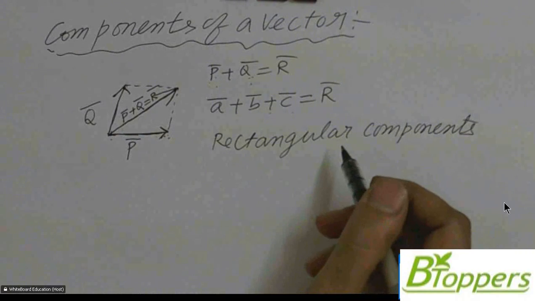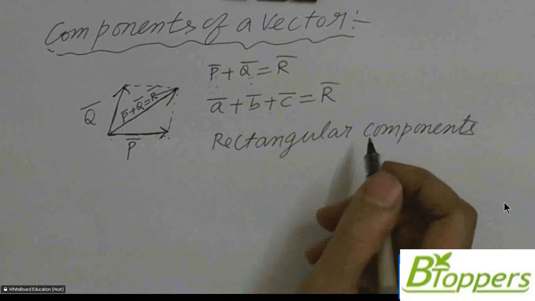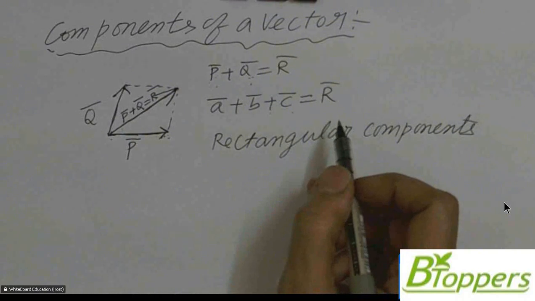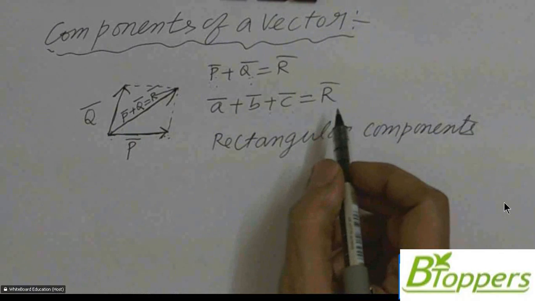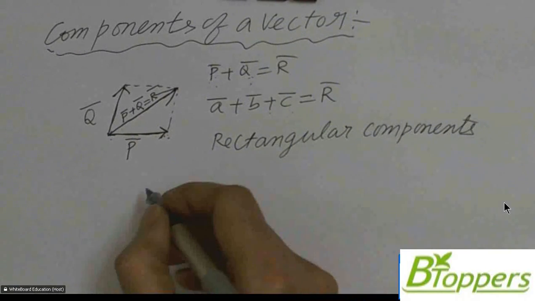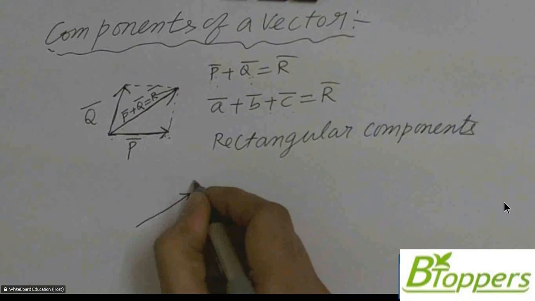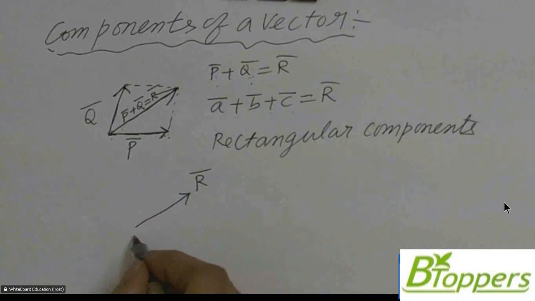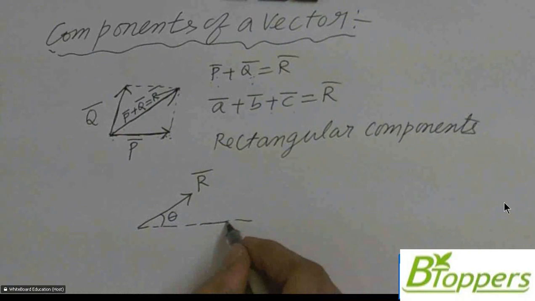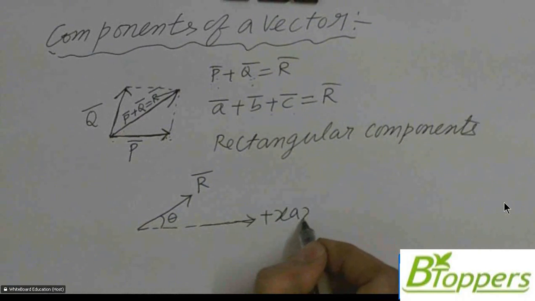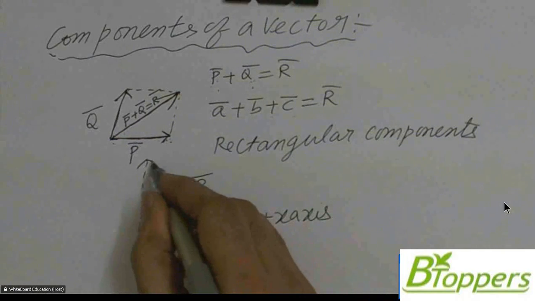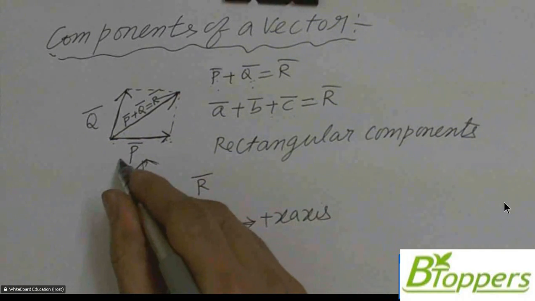So next I am going to discuss how a given vector can be expressed in terms of its two rectangular components and the unit vectors along the coordinate axes. Suppose a vector r bar makes an angle theta with the positive direction of the x-axis, and let us suppose the vector r bar lies in the xy plane.